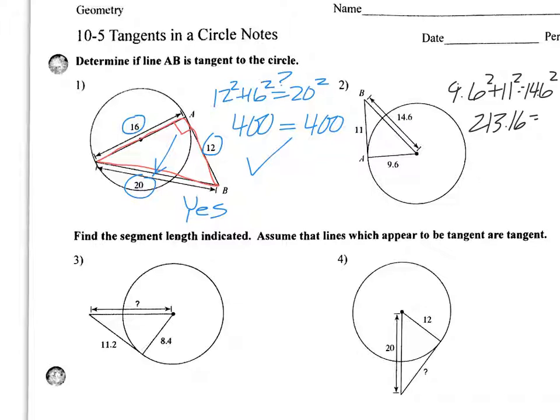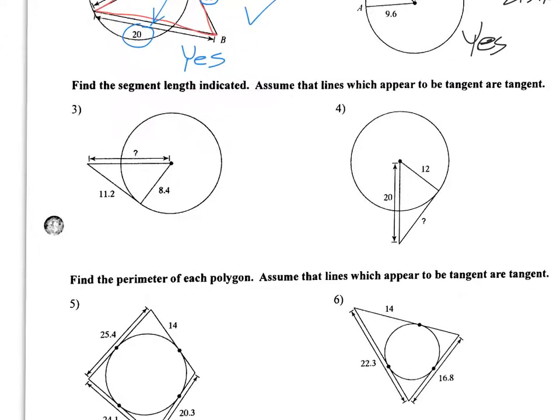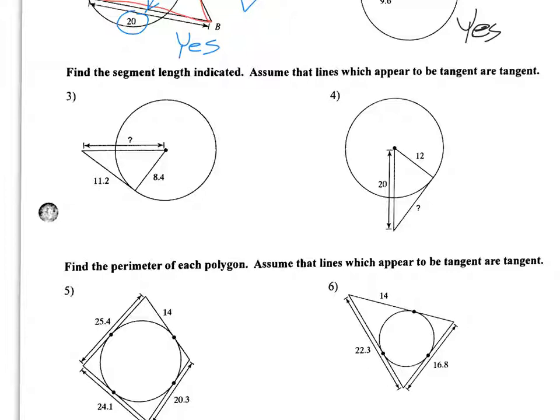And then I'll try 14.6 squared, and that comes out to 213.16. So yes. So if they do not come out equal, then that means they're not tangent. Okay? Now, what about these? These we are assuming to be tangent. So it says, assume that lines which appear to be tangent are tangent.